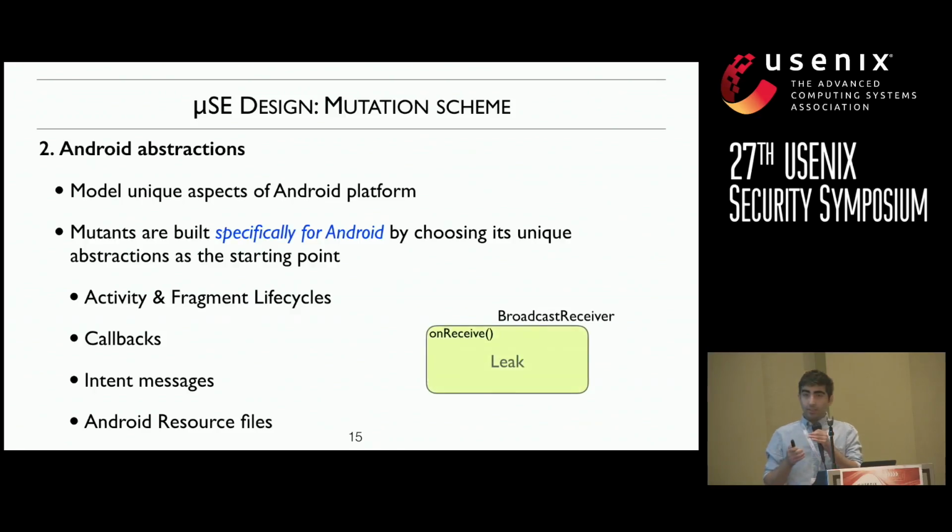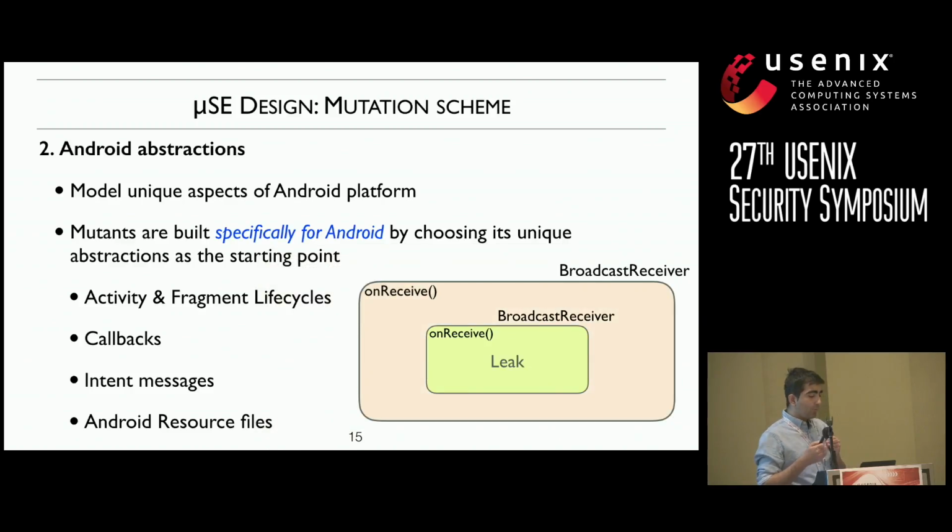We placed a leak inside the onReceive method of a dynamically created broadcast receiver, and we found that this leak was detected by all of the prominent tools that we tested against. But when we placed this broadcast receiver inside the onReceive method of another dynamically created broadcast receiver, many of the prominent tools failed to detect this leak. So it was important to consider such abstractions to truly assess security tools that are built for Android.